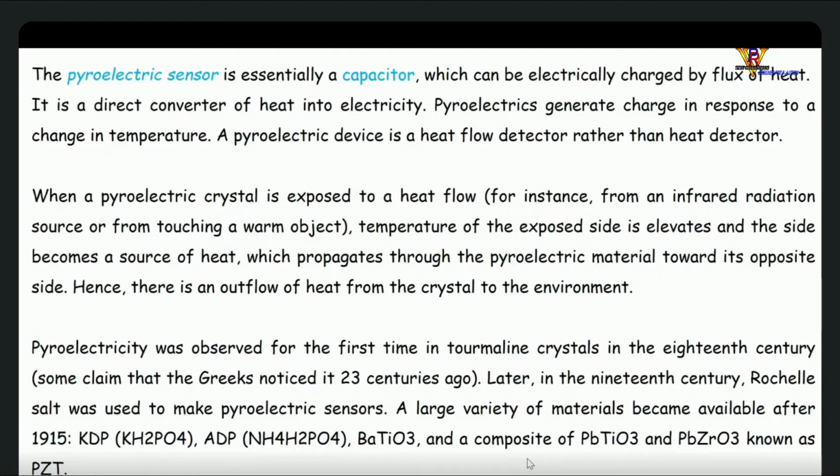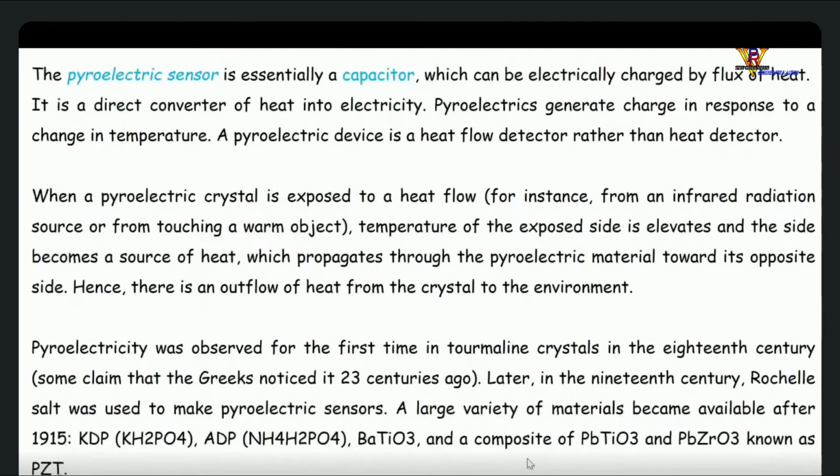This effect was first observed in tourmaline crystal. Later in the 19th century, Rochelle salt was used to make pyroelectric sensors, and there is a variety of materials available after 1915, and they are used in the designing of the pyroelectric sensor, and a composite type of PbTiO3 and PbZrO3, known as PZT.